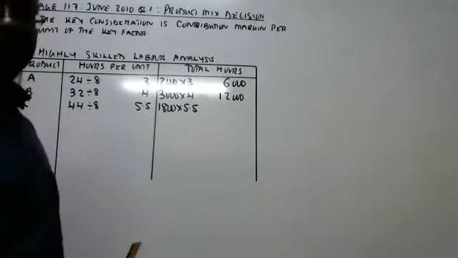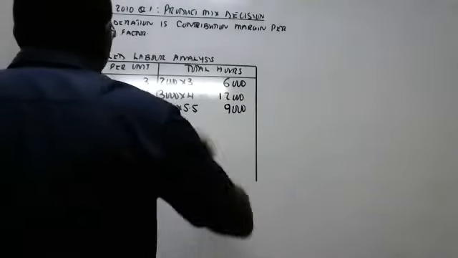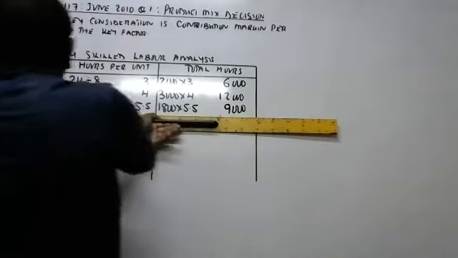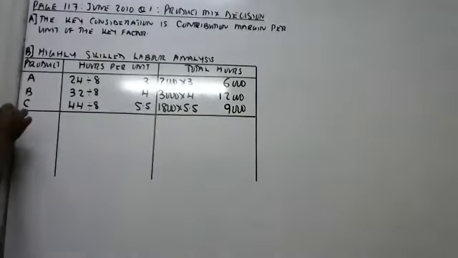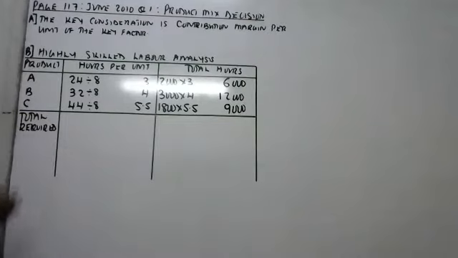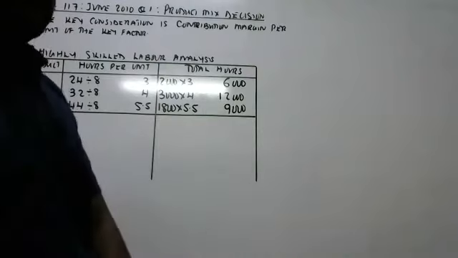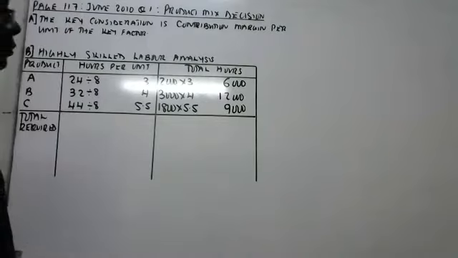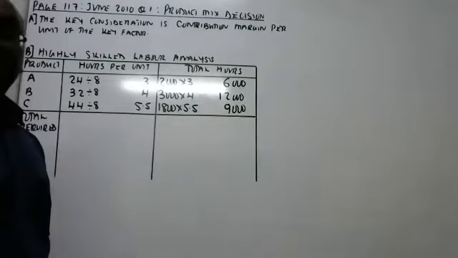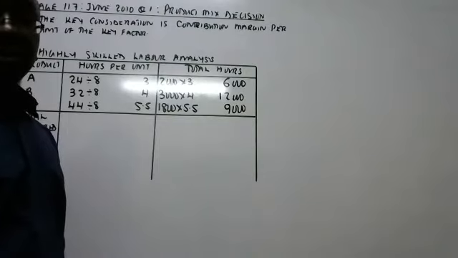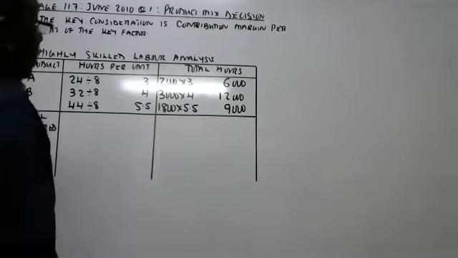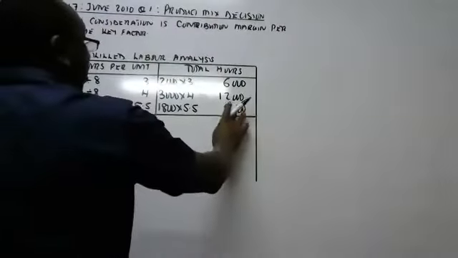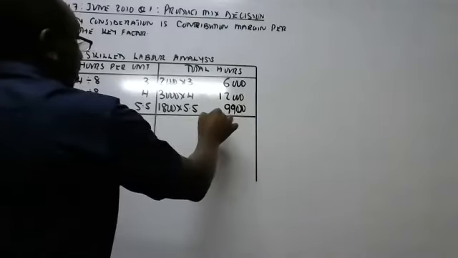That is 9,900. So the total required is 6,000 plus 12,000 plus 9,900, a total of 27,900.